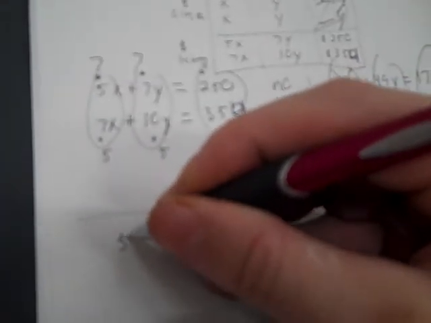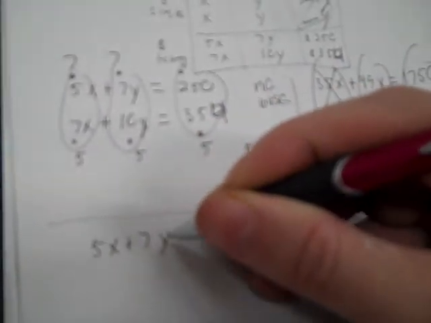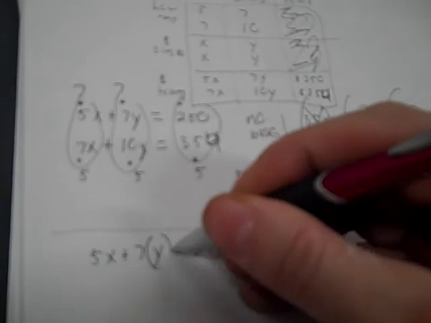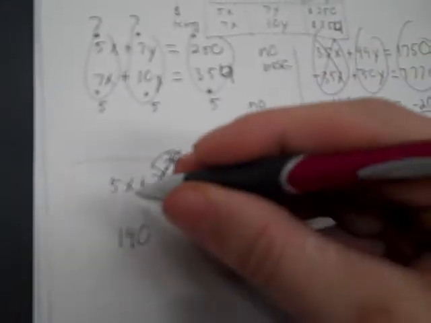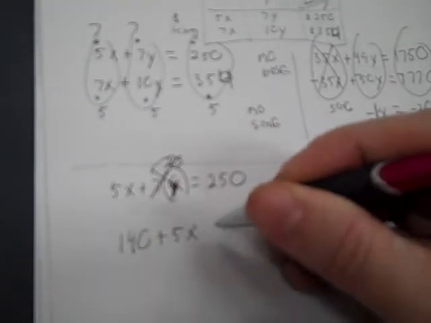Now to get the other answer, write this here, 5x plus 7y equals 250. And y equals 20, so we will replace y with 20, okay? 7 times 20 is 140 with no y on that, and then add your 5x and equal it to 250.